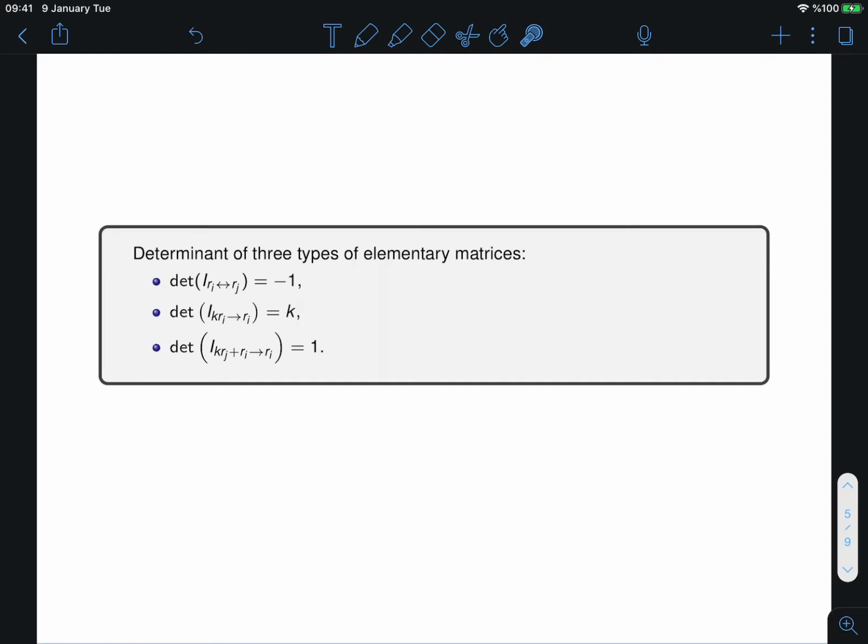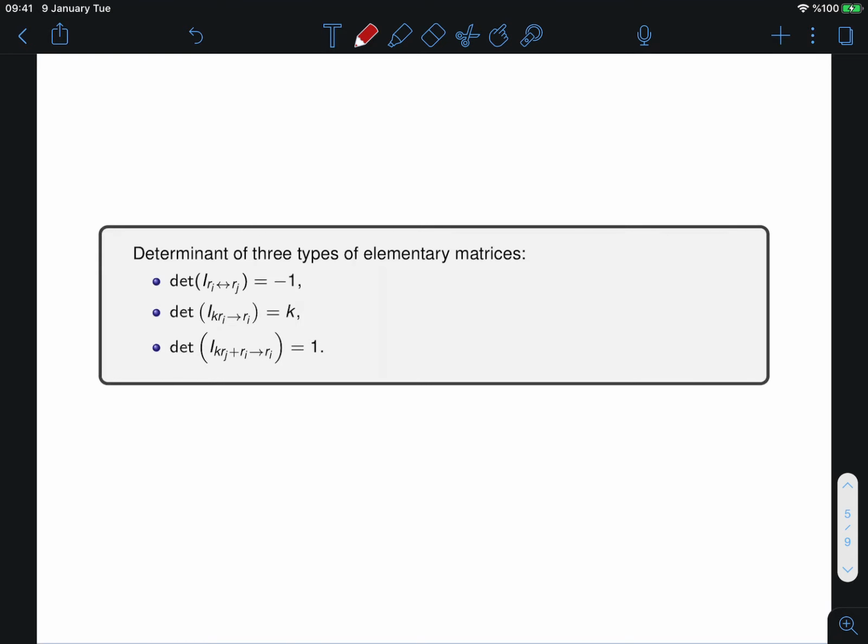Since the identity matrix has determinant 1, swapping two rows of the identity gives a determinant of -1, because we have seen that when swapping rows, you multiply the determinant by -1. Similarly, for the second type of elementary row operation, you get a determinant of k, and for the last one you get a determinant of 1.